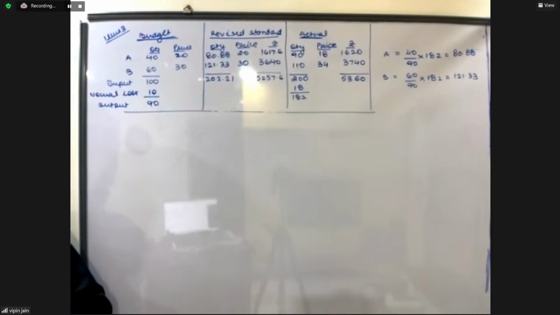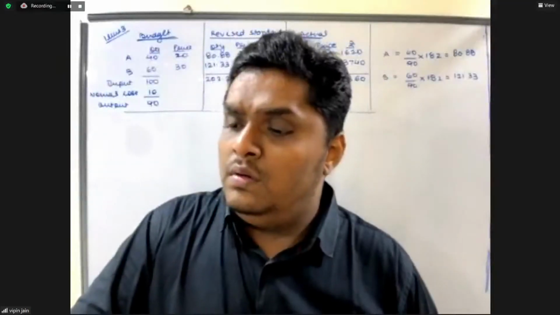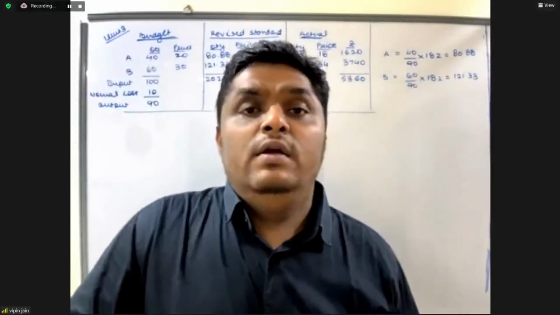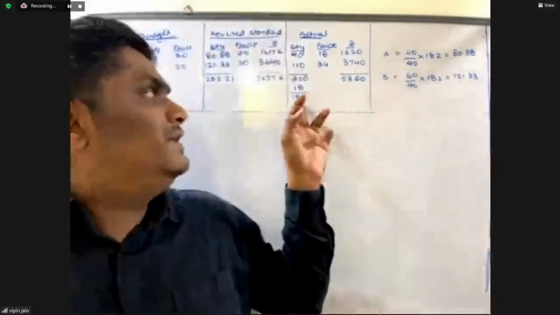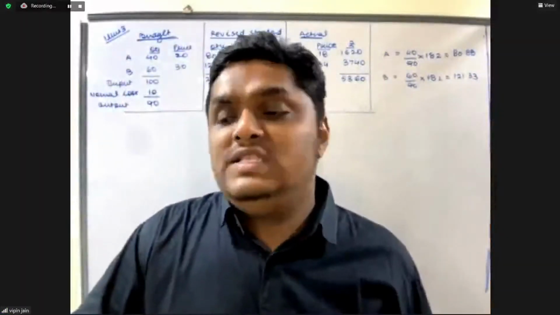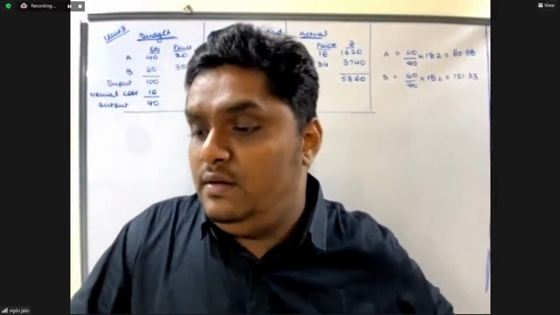Nehal, again I repeat, herein the output is given, that is 182 units. Here the output is given, so the balance will be the normal loss, my dear.